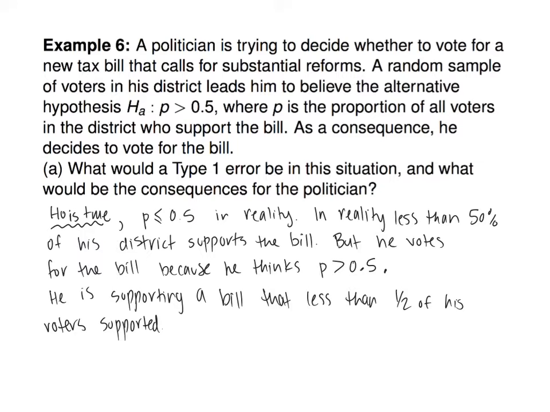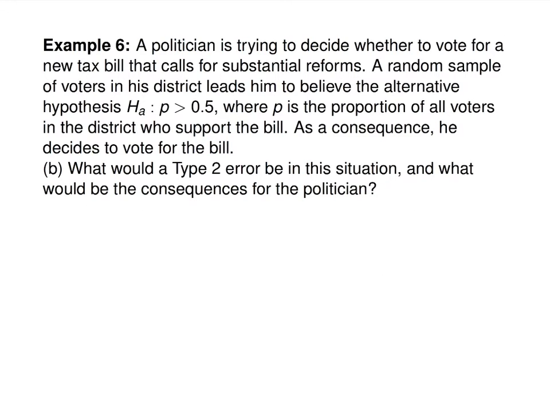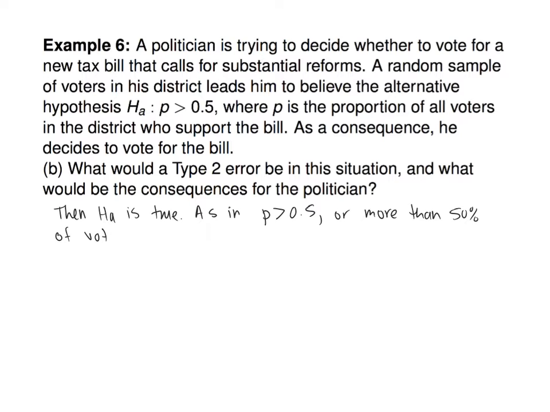Okay, let's talk about the type 2 error in the situation. So type 2 error means that H_A is true, as in P is bigger than 0.5, or more than 50% of voters in this district support the bill.